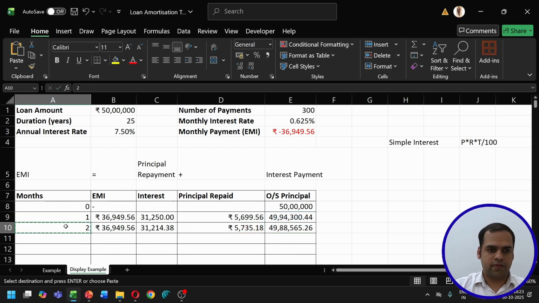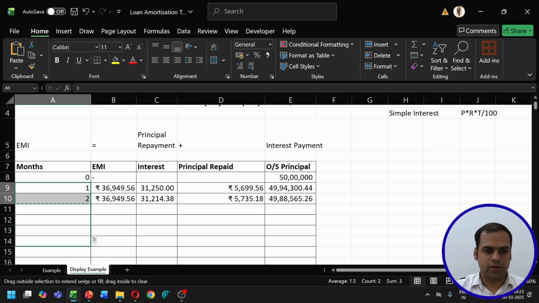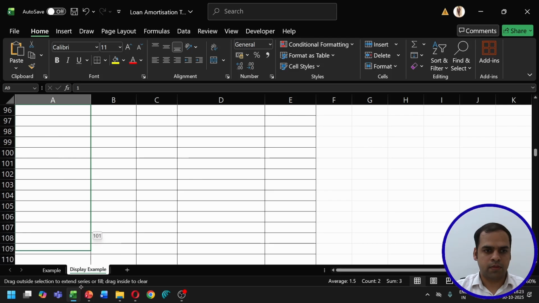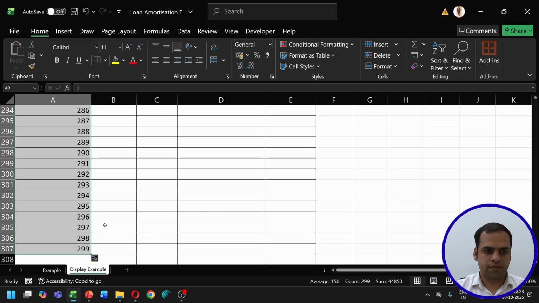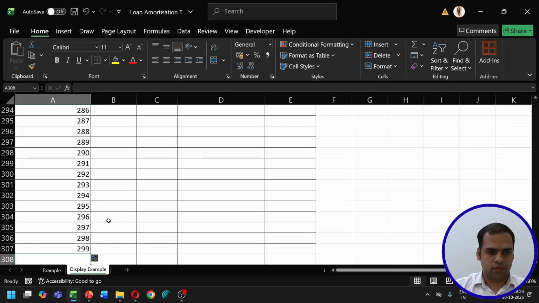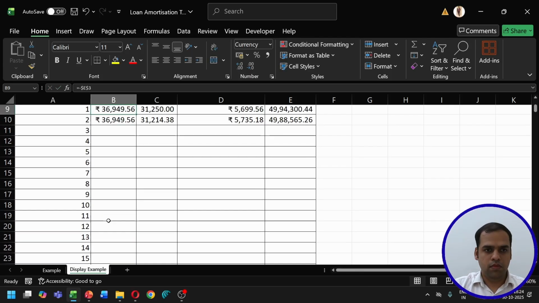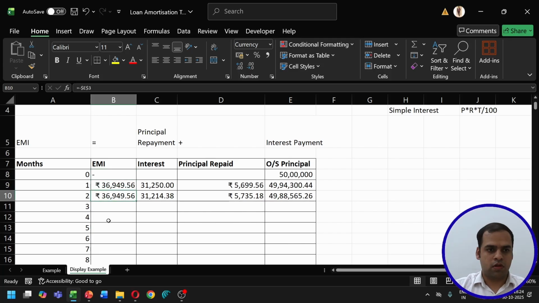Now to calculate for 300 months, we will first insert 300 in our column. Now EMI remains the same, so I'm just copying and pasting this cell.